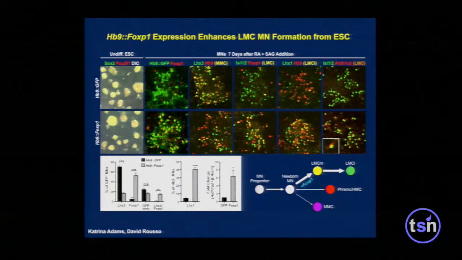Based on the transcriptional information, or at least what we can see by looking at these transcription factors, there is a clear biasing of development towards the limb-projecting motor neuron fate. We wanted to go a couple of steps further to show that this had a more meaningful outcome. I should also mention that we were able to see the same sort of thing by using viral methods to put FOXP1 into human stem cell-derived motor neurons. So I think this will work on humans as much as it does on mice.